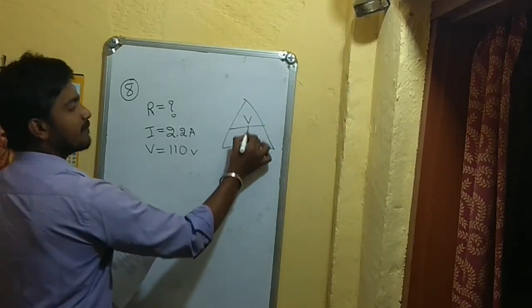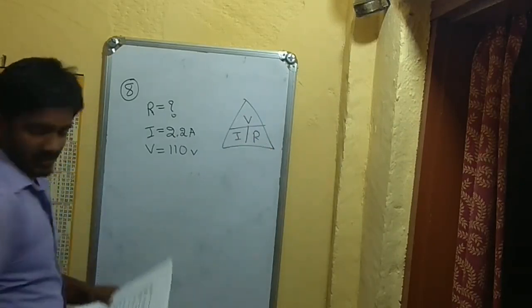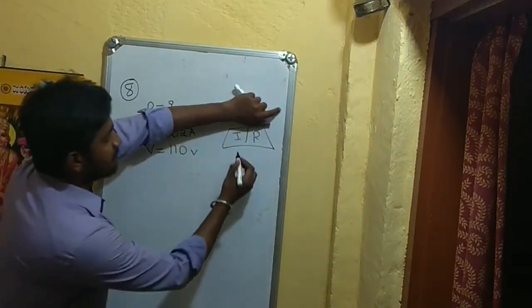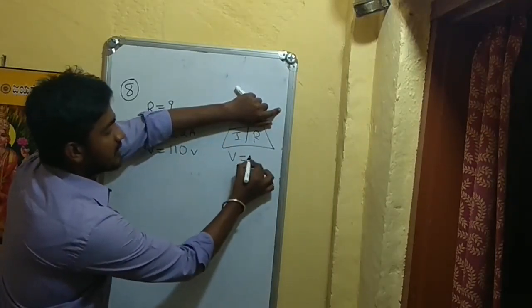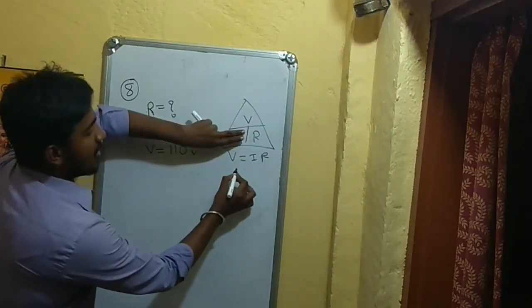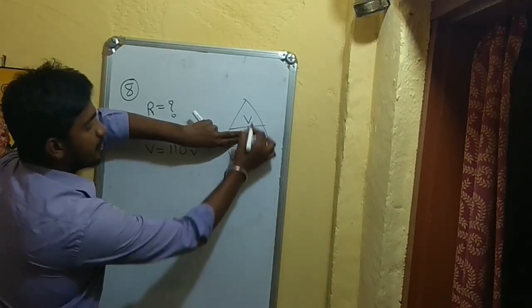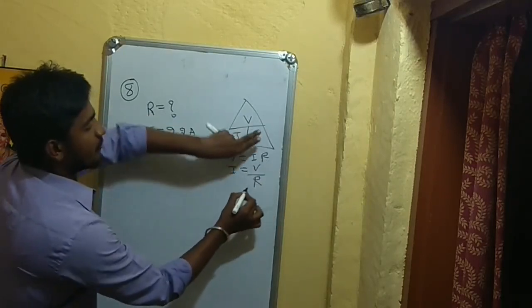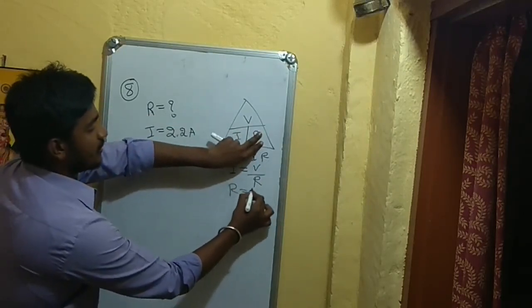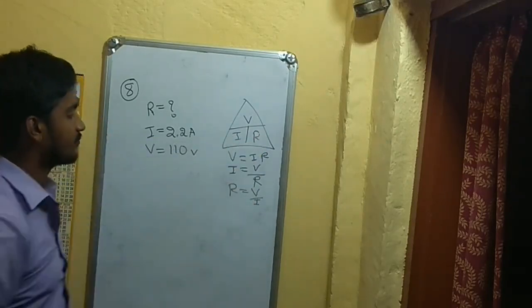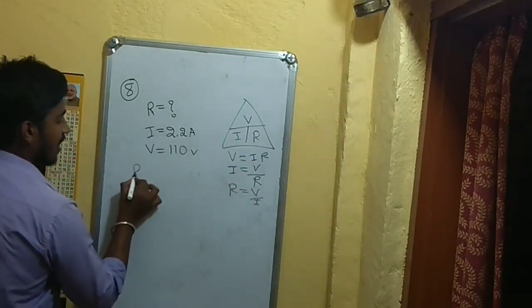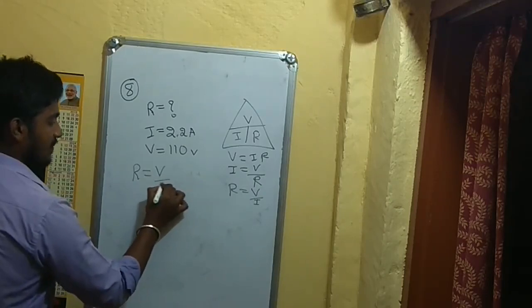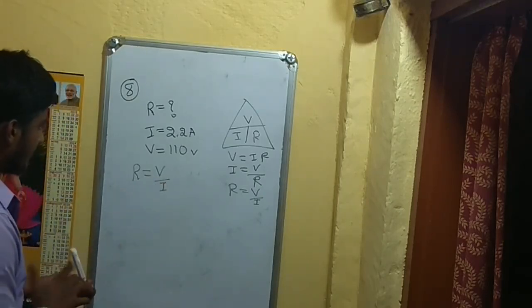V I R. If you want V, I and R in the same row, it is I into R. If you want I, close the I, then it will be V by R. If you want R, close the R, it will be V by I. So here we want R. R means it will be V by I.